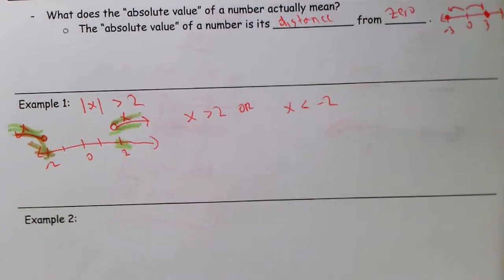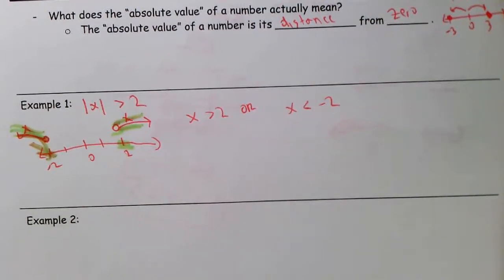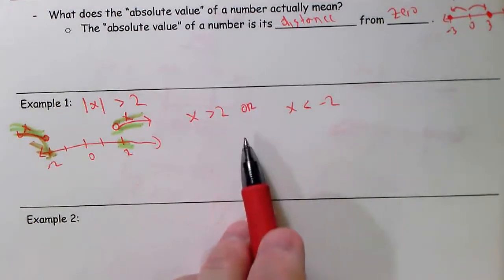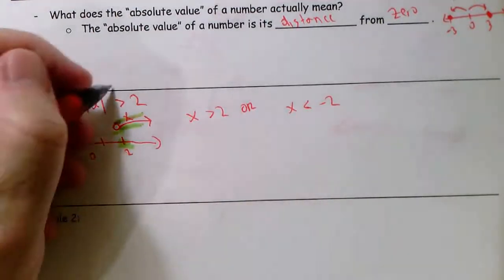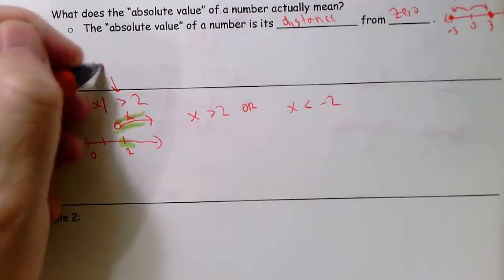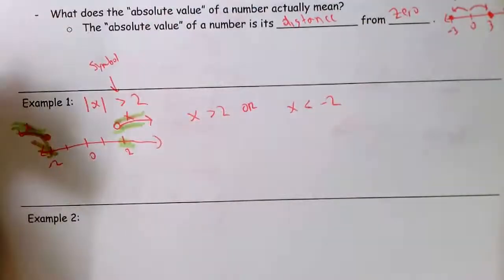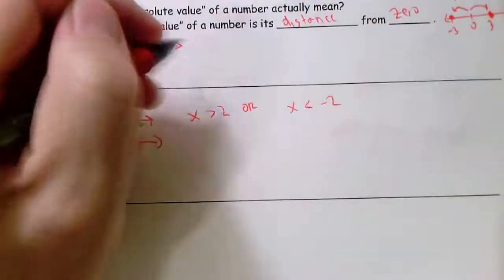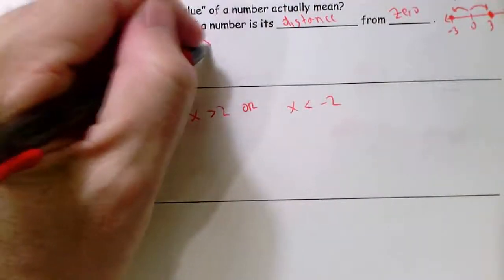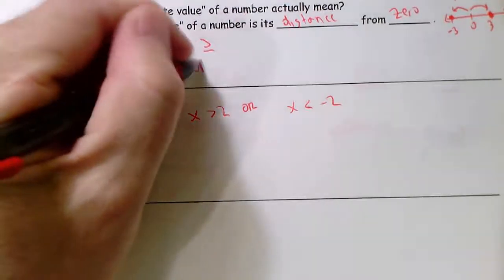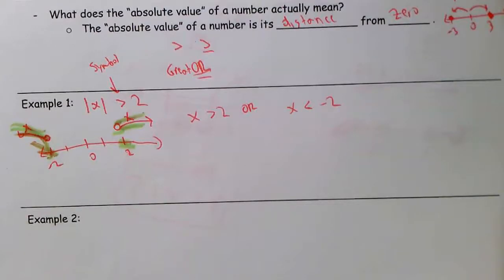Now I'm going to tell you, all absolute value problems create a compound sentence, either and or. And it's the symbol that tells you whether it's and or. And I have a cool way to remember that. When you have a greater sign, it's an or.